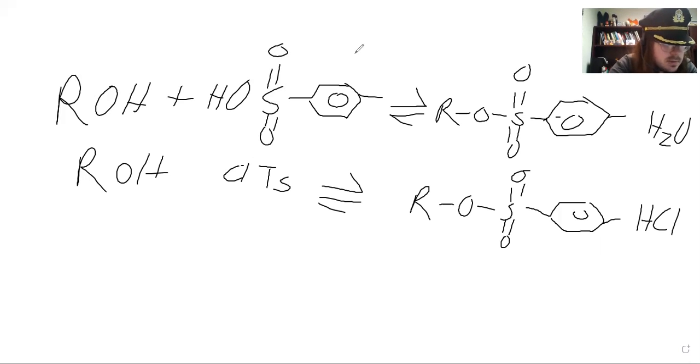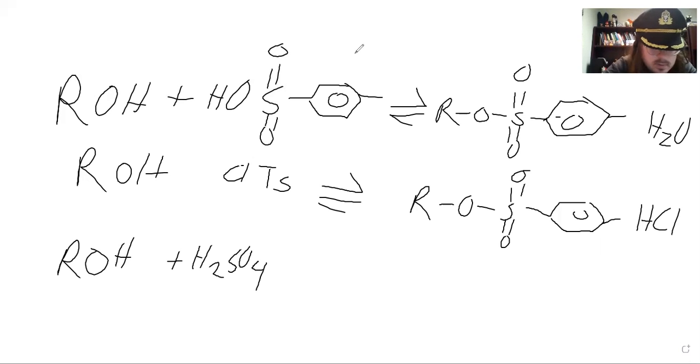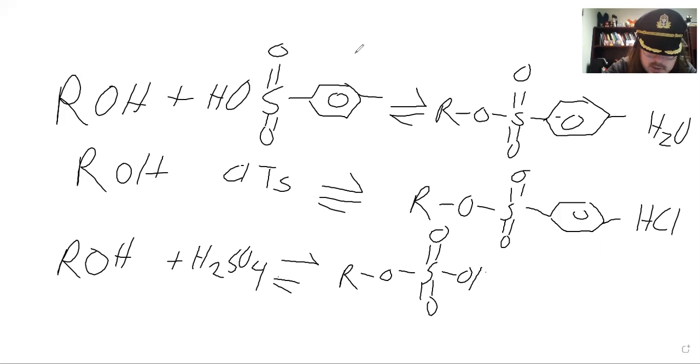So you could do this with ROH and H2SO4. You're going to first form ROSO3H, and then you can do it again with another ROH and have it on the other side.